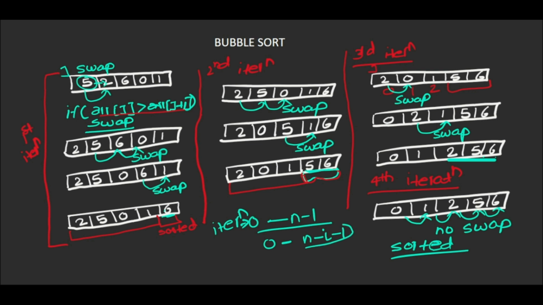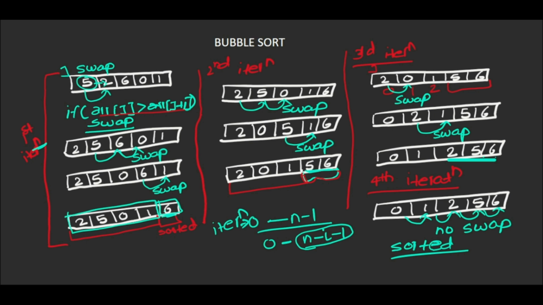Why this n minus i minus 1? Because in the first iteration, this element got sorted. So in the next iteration, we don't need to traverse this part of the array because it is already sorted. We only have to take care of elements up to here.